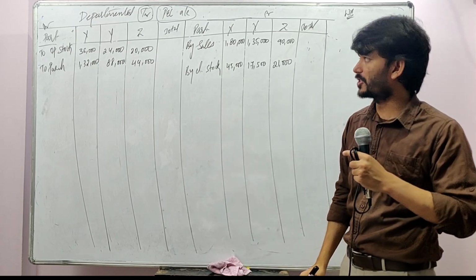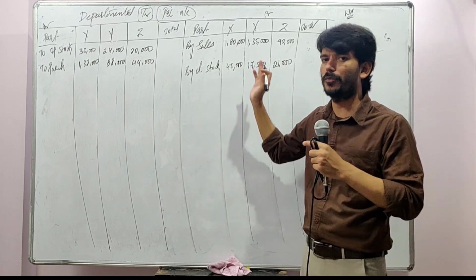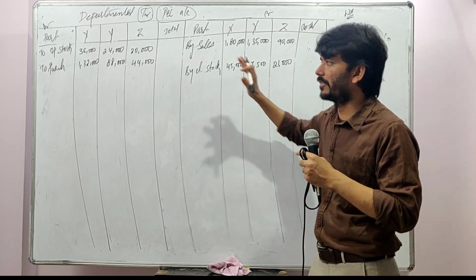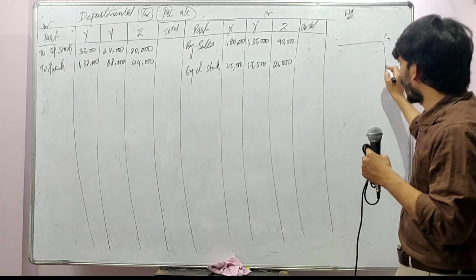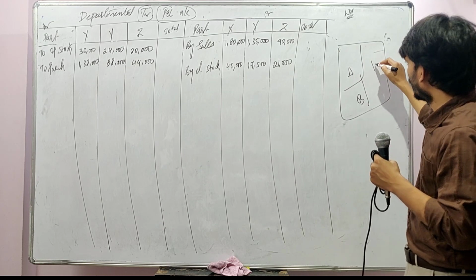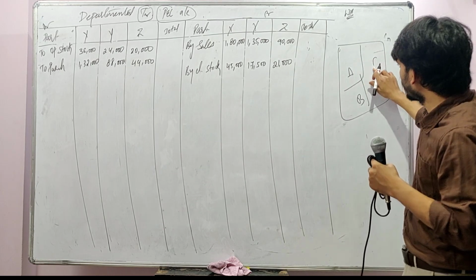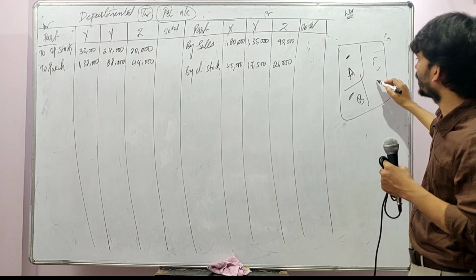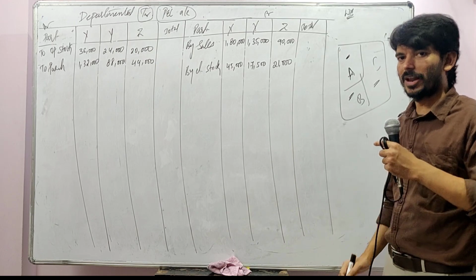If you have watched my yesterday's video or the part 1 video, you would understand that value of machinery is given in each department. Like this, if you have a whole company and this is A, this is B and this is C, then he is giving how much furniture you have here, here, and here.